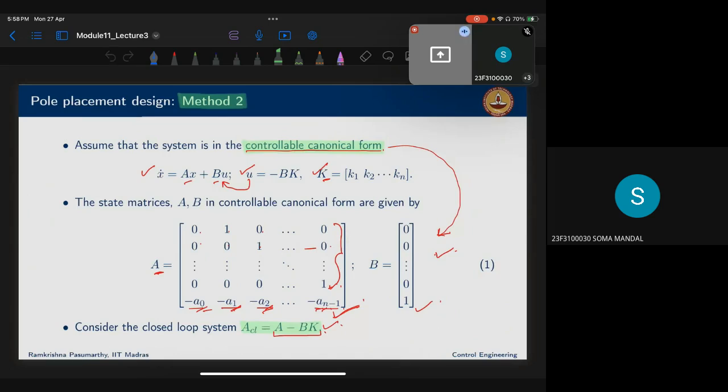Suppose the order is greater than 3, then you can implement method 2, and you have method 3 also. Let's see method 2. In the previous class we saw the controllable canonical form, CCF.